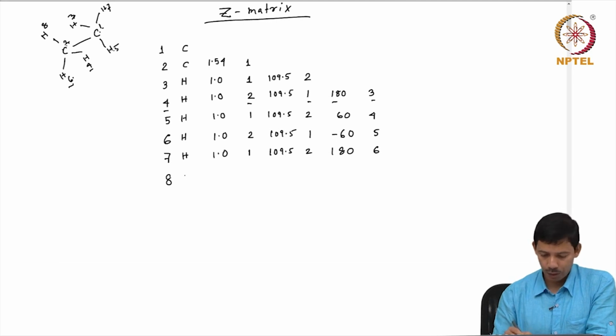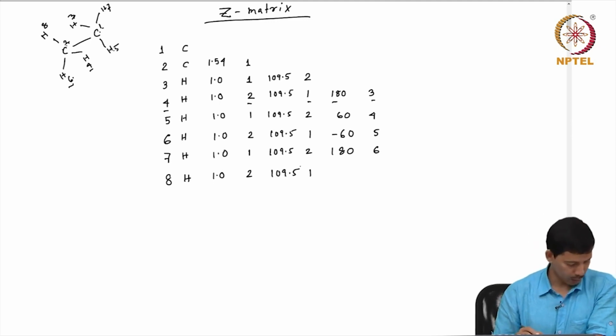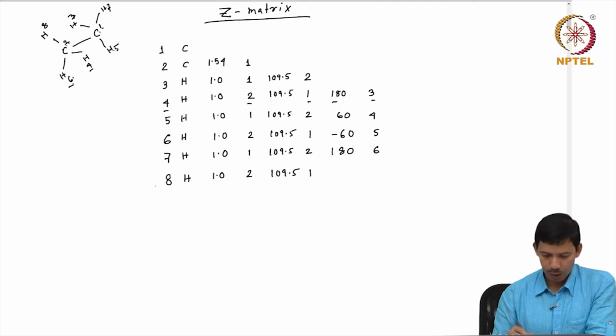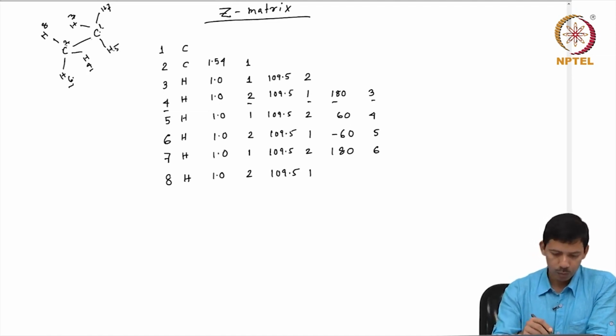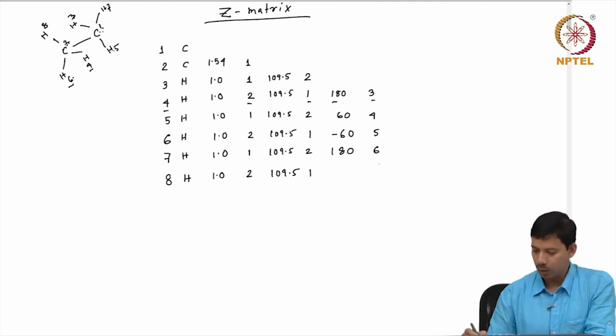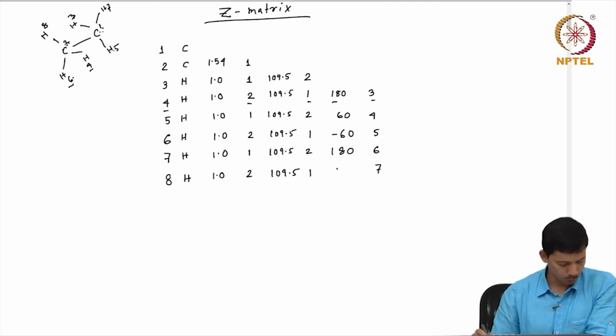Number 8 is a hydrogen connected to 2 by a bond distance of 1.0. 8 to 1 is the angle of 109.5, and with 8 to, where is my 8, 8, 2, 1, 7 is my dihedral of 60 degree.